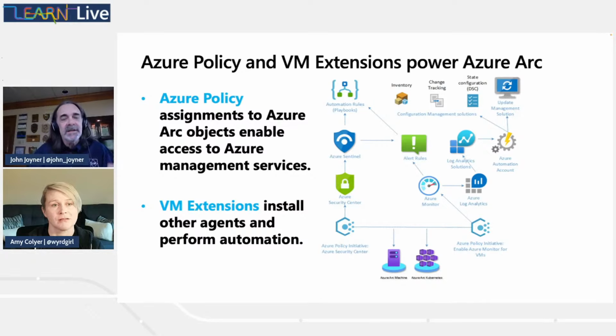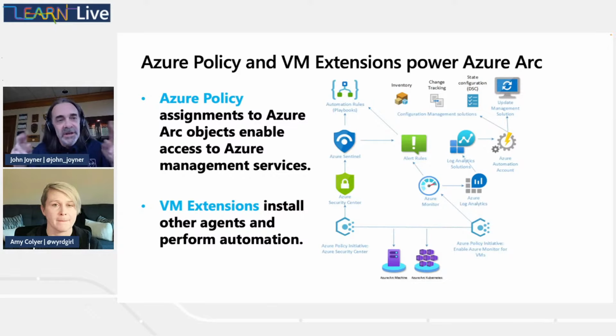But it is a feature of both the Azure Arc agent and of the machines that are in Azure. So for over a decade, all of your virtual machines in Azure have had a thing called extensions. If you have Azure VMs and you haven't poked around, maybe you never looked, but there's a feature called extensions that has always been there for Azure VMs, and it's an out-of-band communication method that the Azure control plane, the Azure Resource Manager control plane, uses to communicate with the machine to install and configure management utilities.